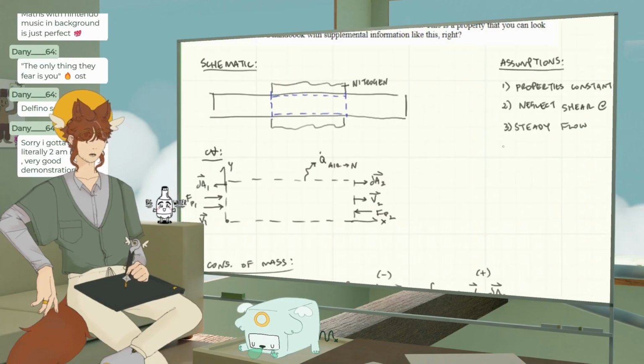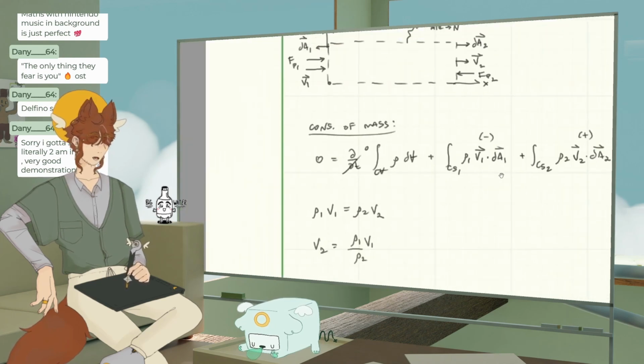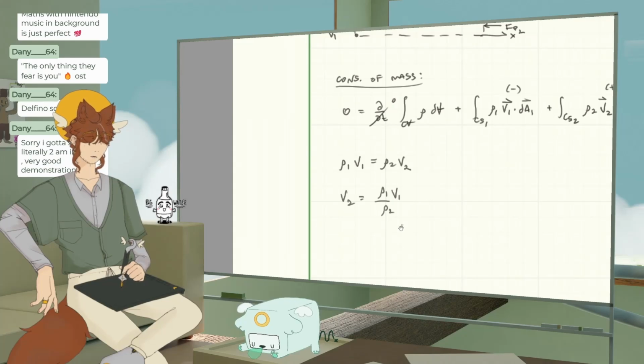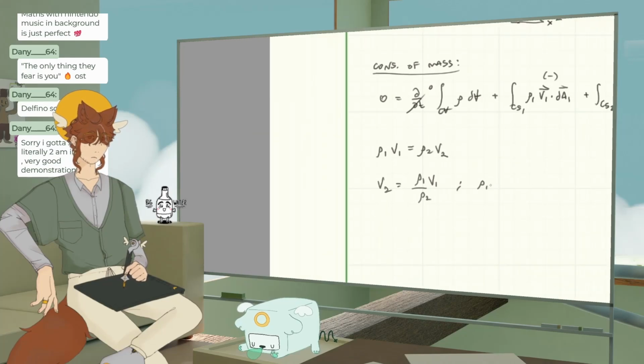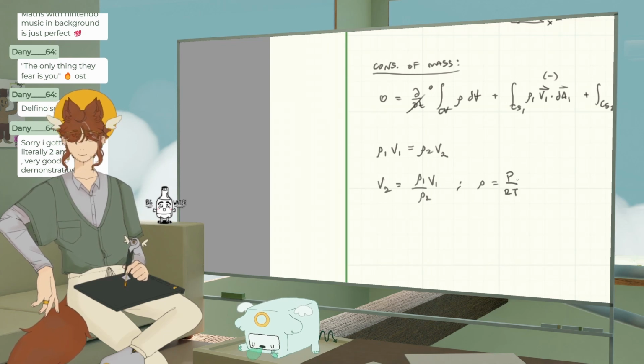We're gonna assume ideal gas real quick before we run too far into the woods, because we are not gonna have a good time if we don't assume an ideal gas. We're gonna say rho equals pressure over RT. Is that right? Maybe? I think so.